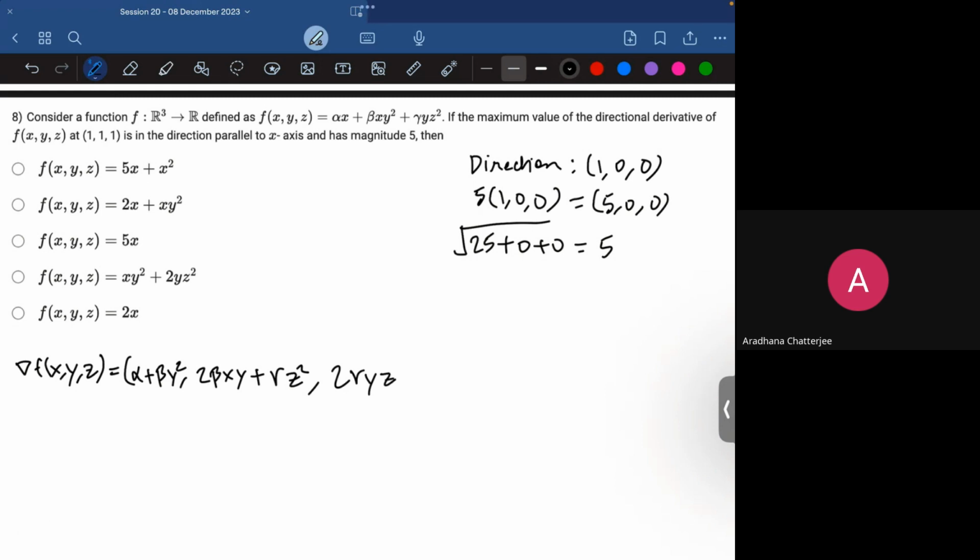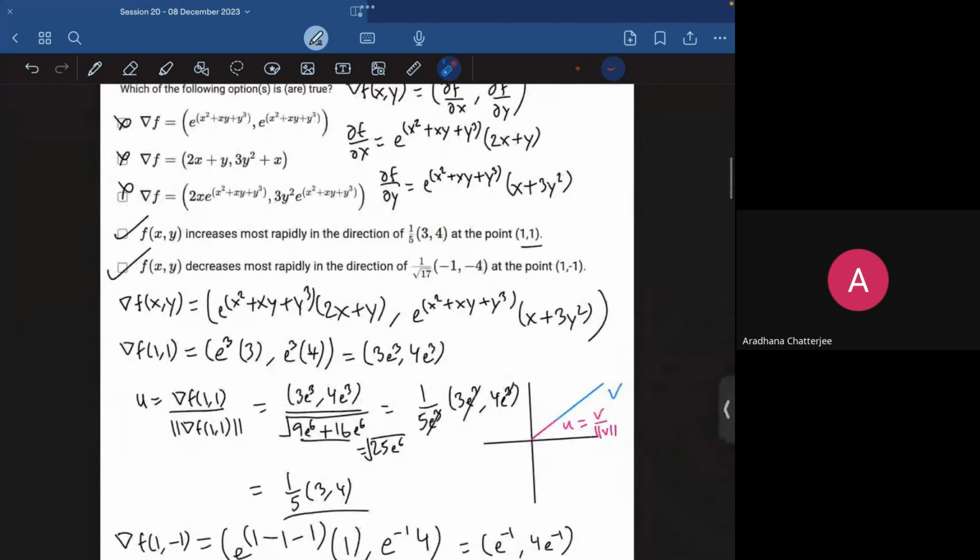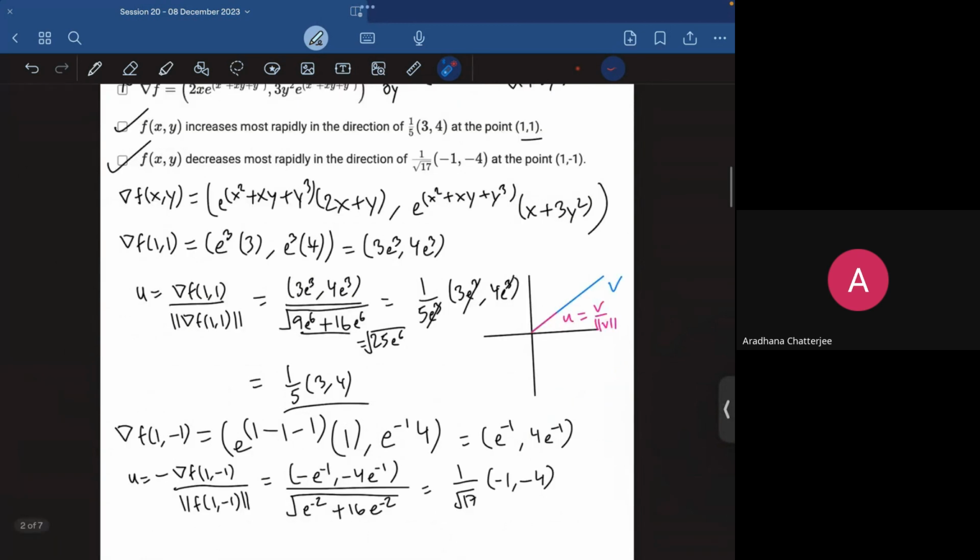Okay. So what the question is saying is that the maximum value of this directional derivative is in this direction. Like we saw here, to get the directional derivative we first have to get the value of the function here. So let's do that also.